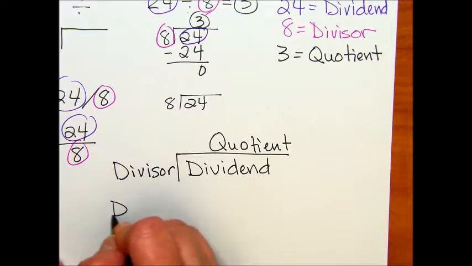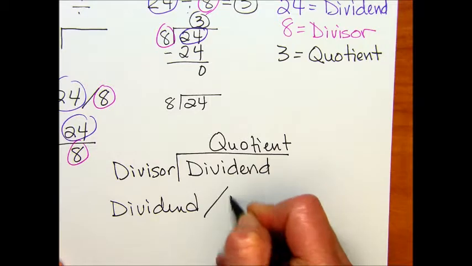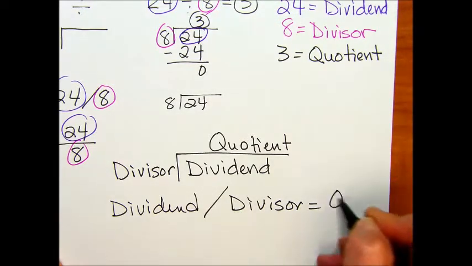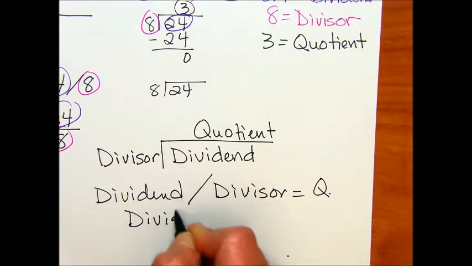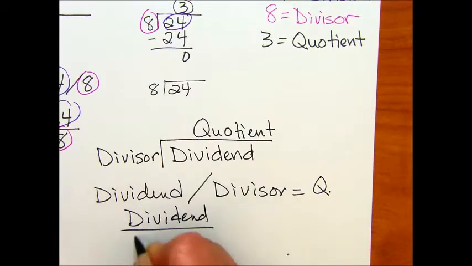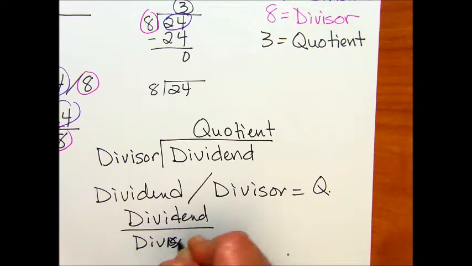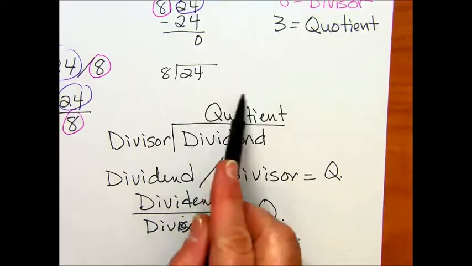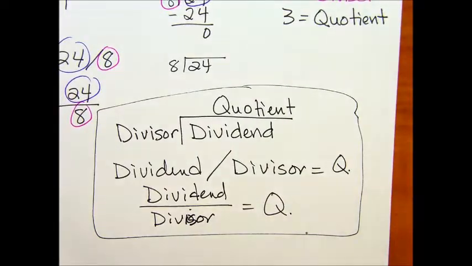We'll do dividend backslash divisor equals the quotient, or dividend on top, divisor on the bottom, equals the quotient. Okay? So those are just little helpful hints on how you want to organize your division problems.